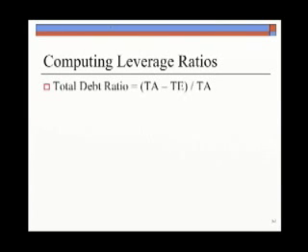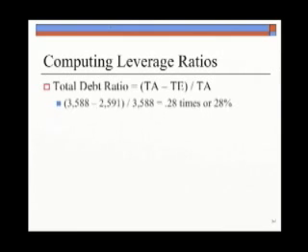Remember, the balance sheet equation says that equity plus debt equals total assets divided by total assets. So this is debt as a percentage of total assets. And generally, and again this varies depending on the industry, we would like to see a ratio less than 50%.